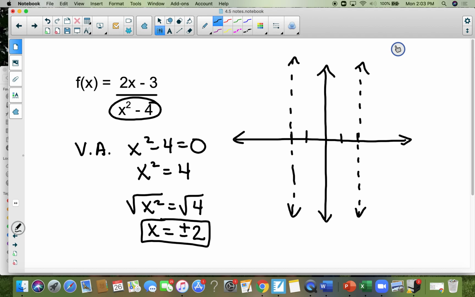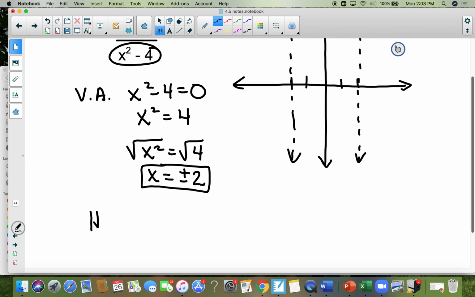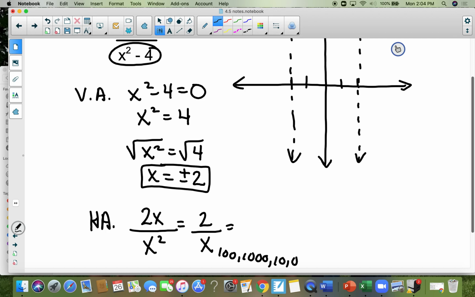To find the horizontal asymptote, you take the highest power in the numerator and divide it by the highest power in the denominator. And you're going to get 2 over x. And as x is getting bigger and bigger, like 100 or 1,000 or 10,000, what's 2 divided by 100? What's 2 divided by 1,000?